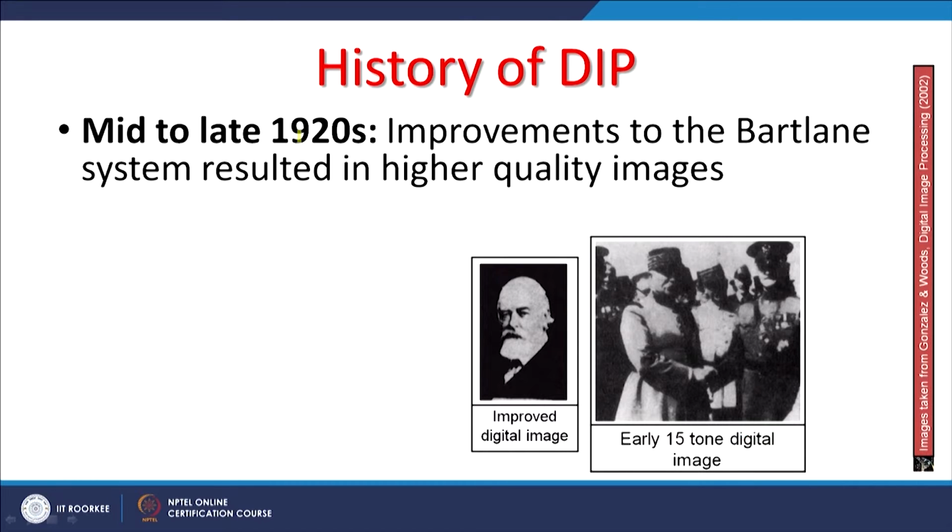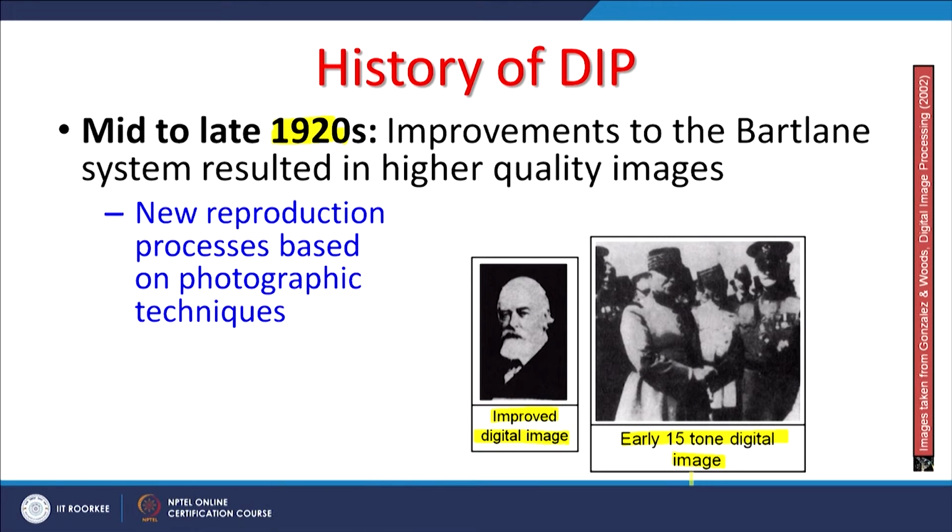In the 1920s, improvements to the Bartlane system resulted in higher quality images, and this example is an improved digital image, and earlier we had only a 5 tone digital image, meaning there were only a few sets, including black and white, and the rest were like that. So, 16 kind of thing.